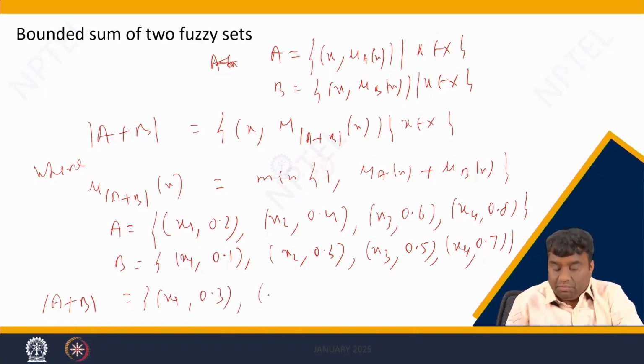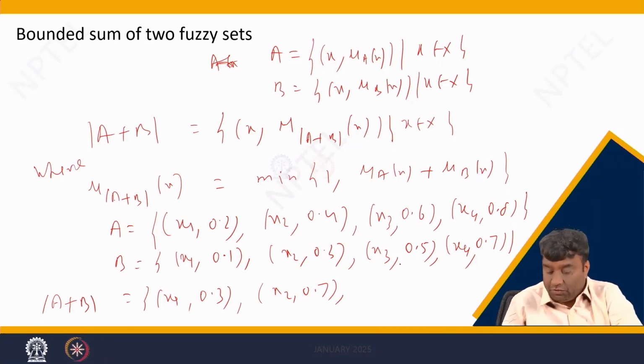Now x2: the minimum value of 1 and 0.7 is 0.7. So x2 is 0.7. Now x3: 0.6 plus 0.5 is 1.1, and the minimum with 1 is 1. So x3 is 1. And for x4, the sum of mu A and mu B is 1.5, and the minimum of 1 and 1.5 is 1.